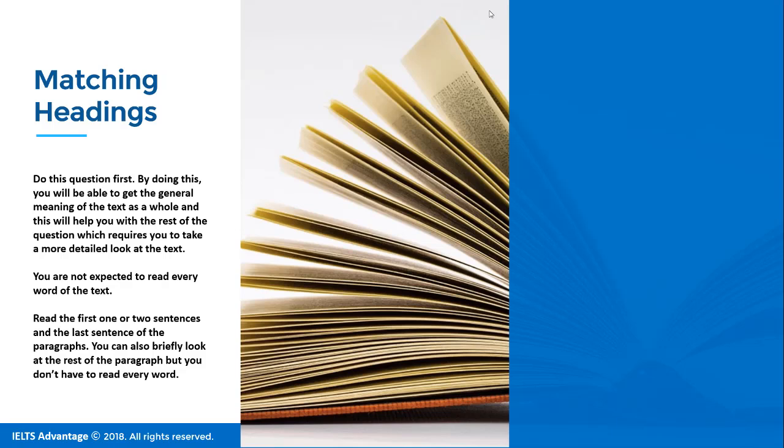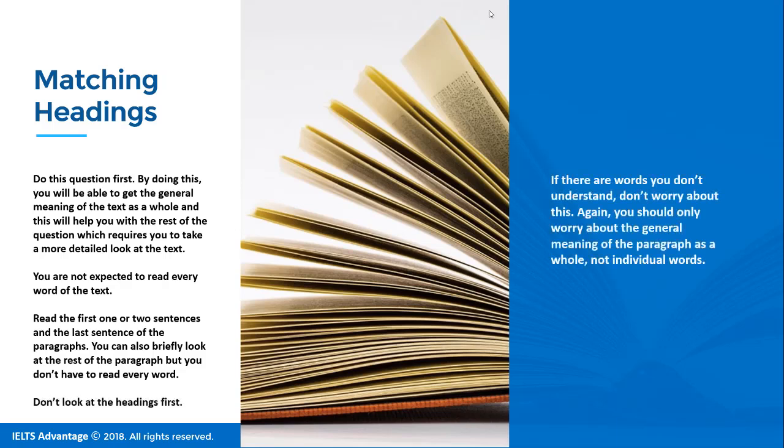Don't listen to people who tell you very strict rules about what you can and can't do. You want to give yourself flexibility. Why do you want to be flexible? Because the questions will be different, the text will be different, so you need to have that flexibility. If there are words you don't understand, don't worry about this. Again, you should only worry about the general meaning of the paragraph as a whole, not individual words.